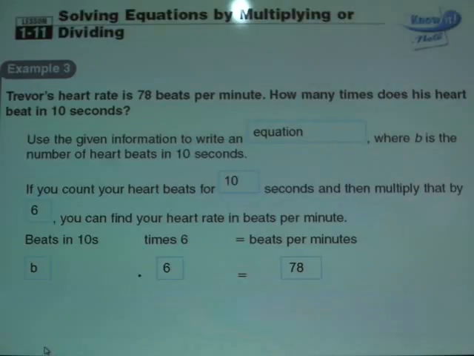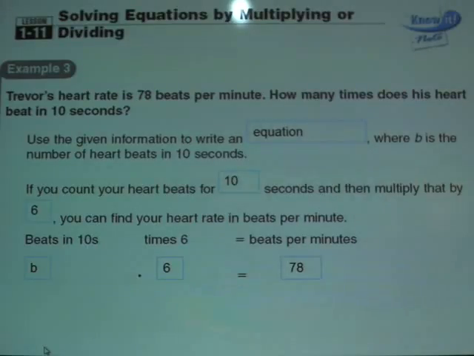We're going to write an equation where B, they just chose B at random, is the number of heartbeats in 10 seconds. Well, if we count our heartbeats in 10 seconds and then multiply by 6, because there are 6 ten-second intervals in a minute, that's going to help me find my heart rate in beats per minute.